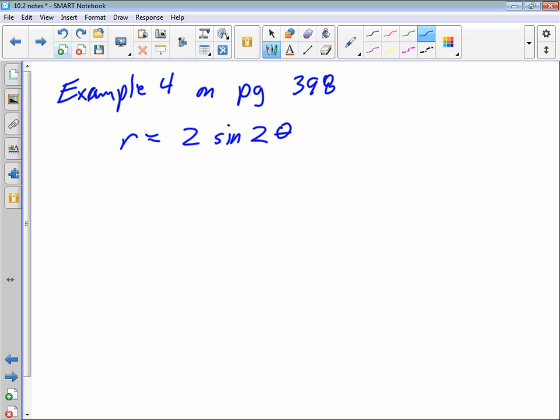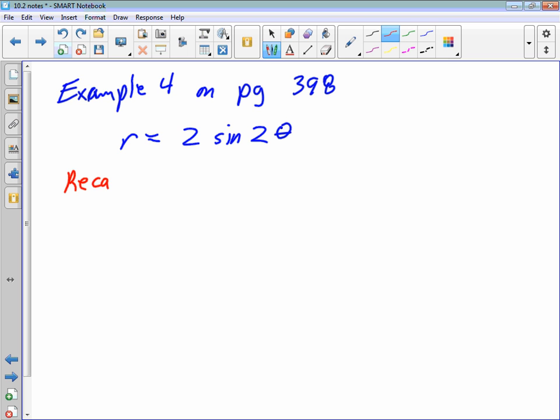So you start with r equals 2 sine 2 theta, and then they just automatically go to r equals 4 sine theta cosine theta. And what they did was skip from back in 10.3, I believe it was.